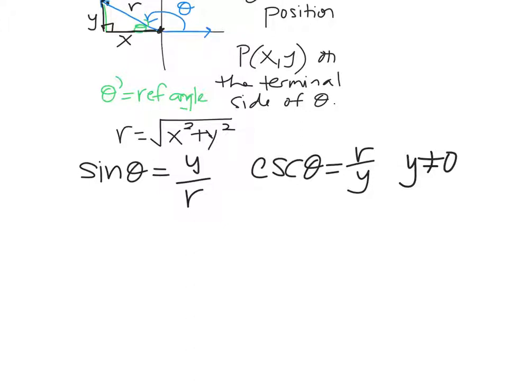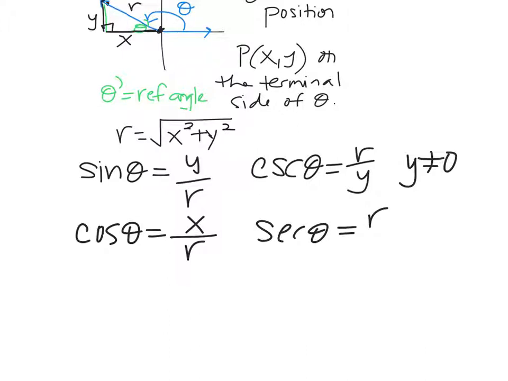If y is equal to 0, then cosecant is going to be undefined. Then we can say that the cosine of theta is going to be adjacent over hypotenuse, x over r. And secant of theta is r over x, as long as x is not 0, because x can be 0. If I gave you a point like 0, 5, then secant would be undefined.